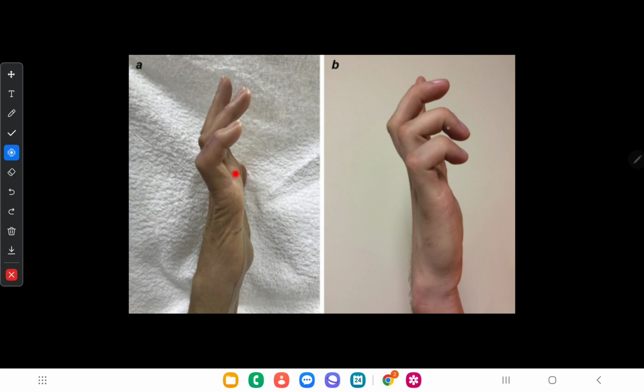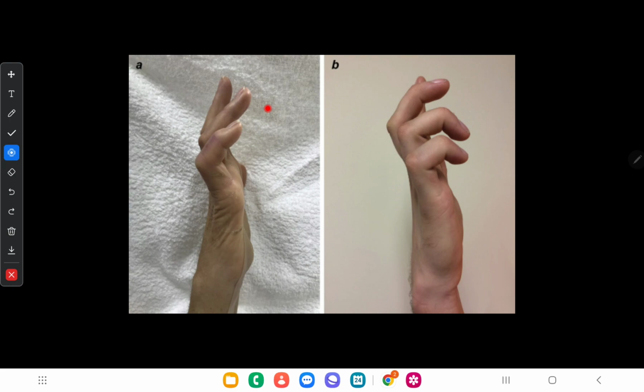But when the ulnar nerve is damaged at the wrist, there is flexion of the medial two fingers. So you can see in picture B, when the ulnar nerve is damaged at the wrist joint, there is more deformity than ulnar nerve damage at the elbow joint.